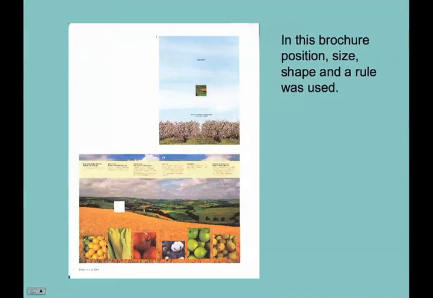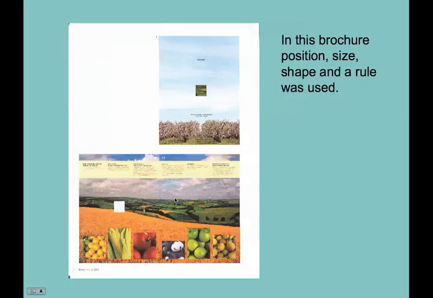Size, all of these photographs are similar in size. There's not one that's extremely larger than the other, but they're all within the same general size. Up here, each of these is pretty much the same size in that you have them all situated on a rule. And then you also have the use of a rule to create emphasis and repetition in here.